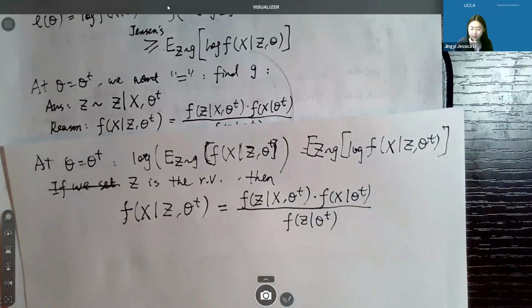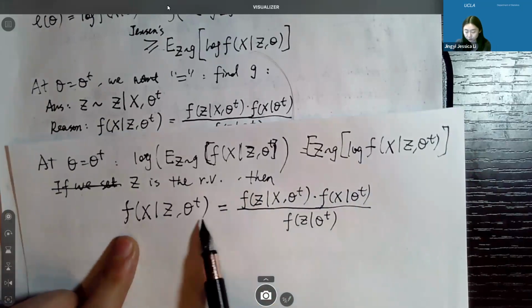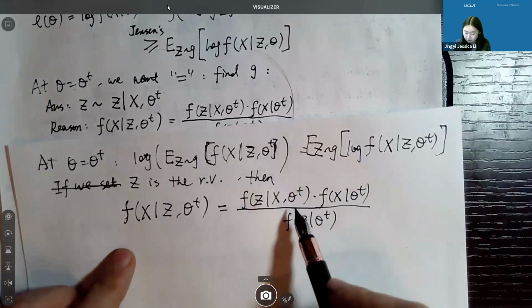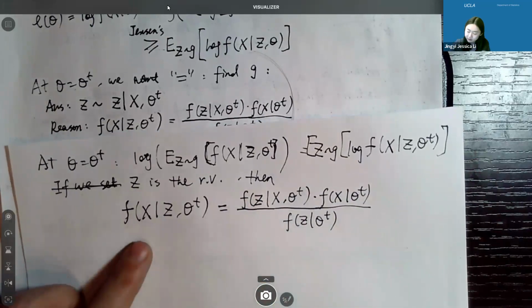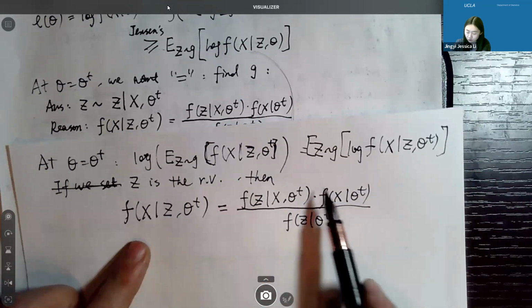There's no problem with that. But then I want to say that the randomness comes from z.